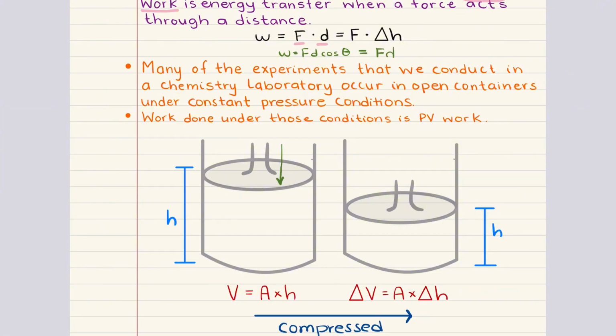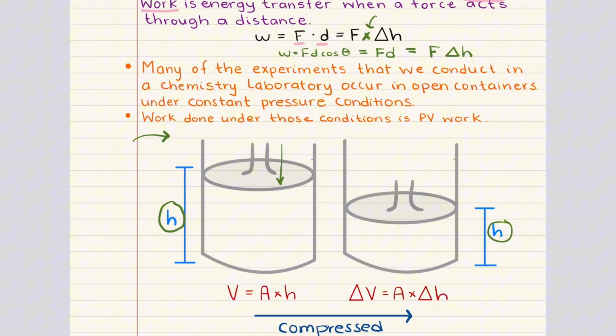That means the dot product reduces to just an ordinary multiplication. Work equals force times displacement. Now, for our piston example, we're going to write that work is equal to force times delta H, where delta H is the displacement of the piston.